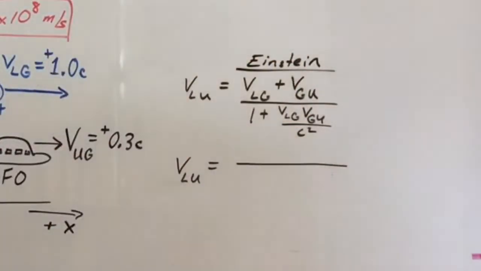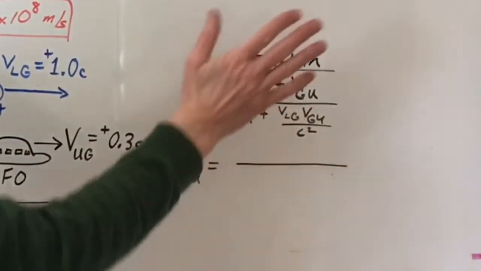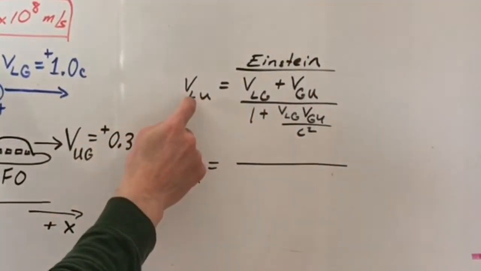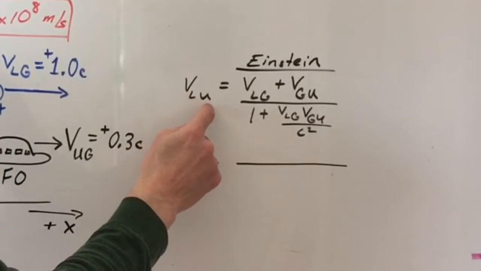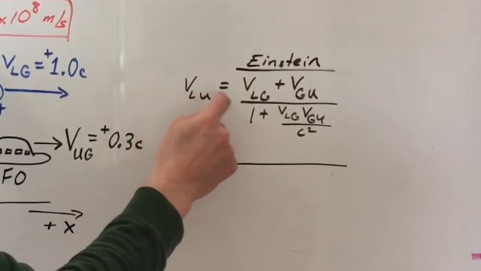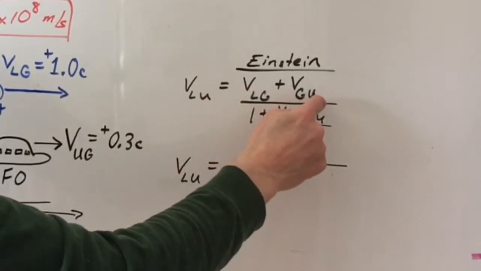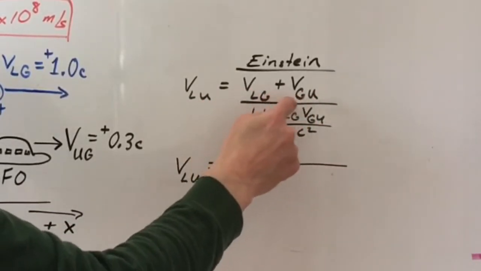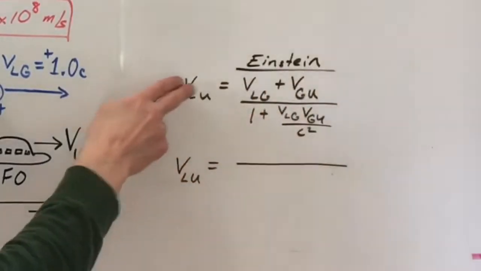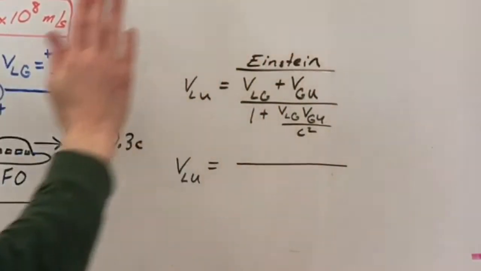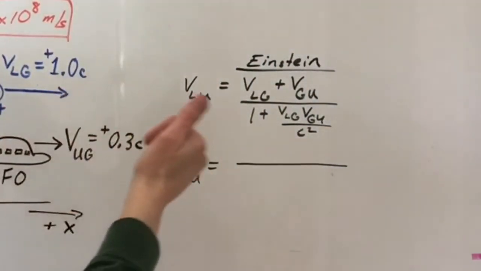Okay, so here's the Einstein formula for relative velocity. It looks very similar. Velocity of the light relative to the UFO. I have the first subscript here matching the first subscript there, second subscript here matching second subscript here, and then the third subscript links. So that much, just the numerator, is very similar. It's exactly the same, basically, as a Galileo-Newton formulation.